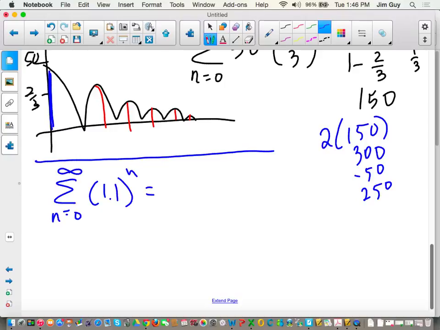Maybe it is tricky. Why is it such a hard answer? Does it converge or diverge? Diverge. So what's the answer? Infinity. That's what diverge means. You keep adding up, you're going to get infinity. This is infinity. Or they might just say diverges.